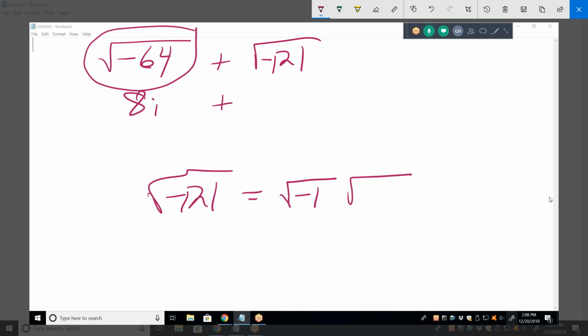That makes it a little bit more understandable. So it's negative 1 times the square root of 121, correct? Okay. What's the square root of negative 1? What's the square root of 121? It's not 10. It's 11. So that's 11i. Nice of them to give us ones and i's all in the same answer.